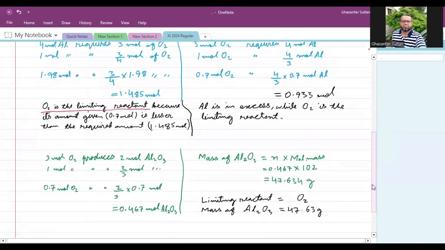And then you calculated moles of aluminum oxide produced from the given moles of the limiting reactant, and then mass of the aluminum oxide. And finally, we can write the answer separately. So these are the results.